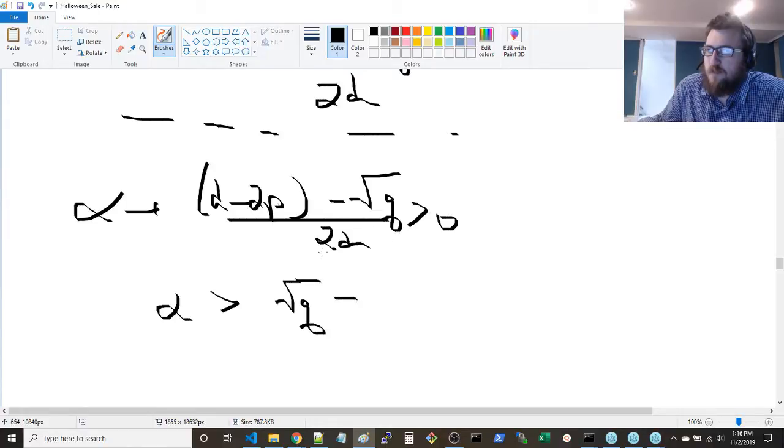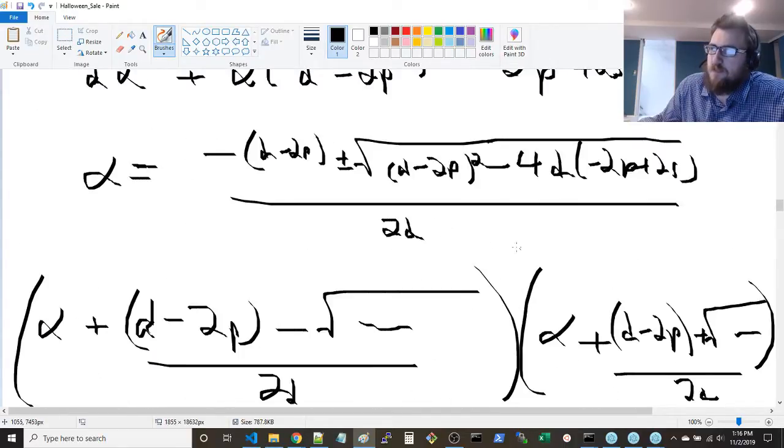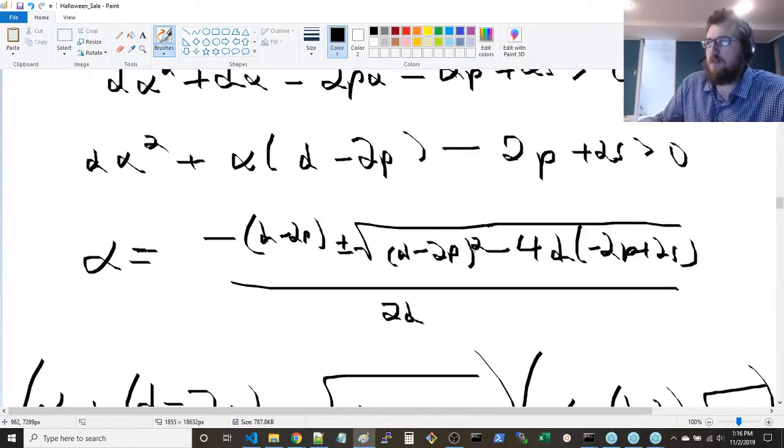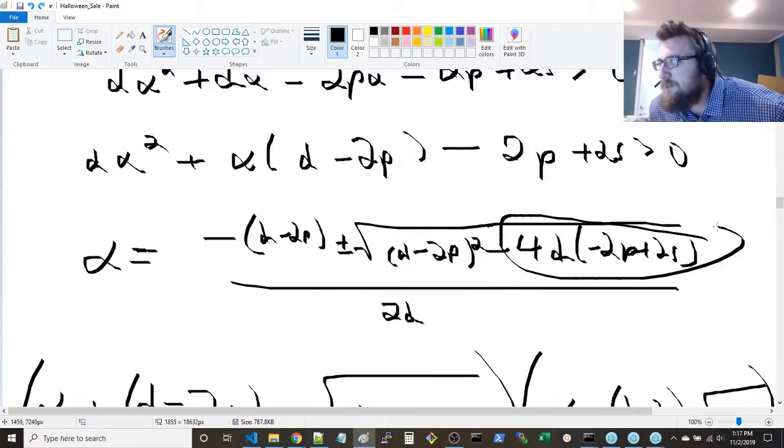Right, add the q over there, subtract d minus 2p, which is plus 2p minus d, over 2d, assuming q is greater than 0. This value is positive no matter what, and then this I think is also positive, or generally positive. S is necessarily larger than P.